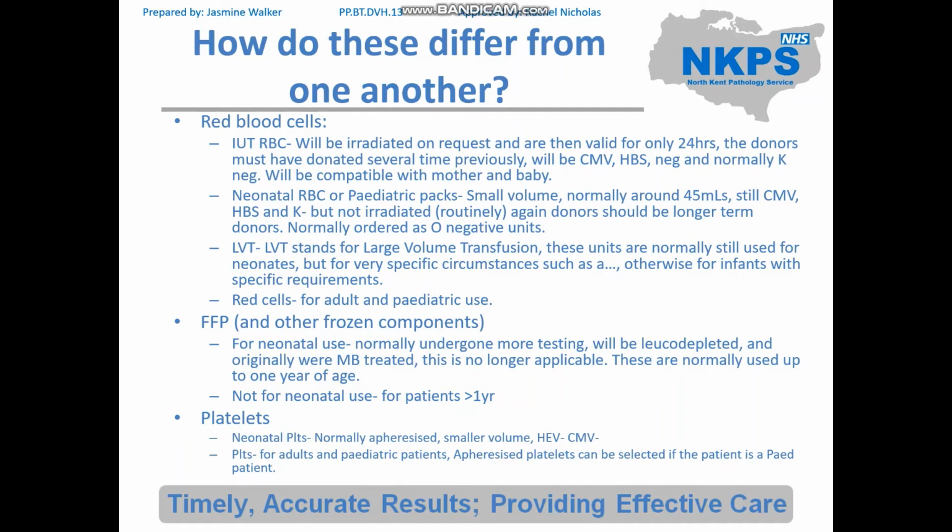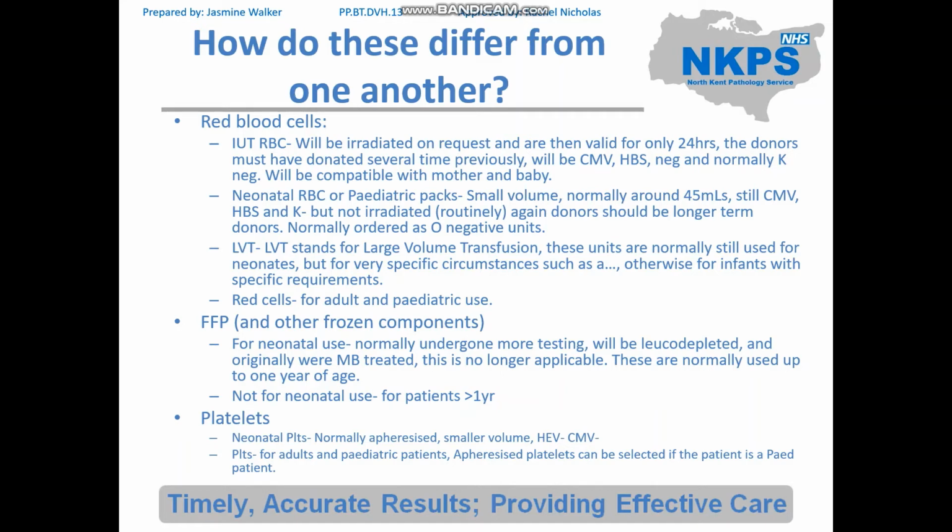Neonatal red blood cells or paediatric packs are the ones that confuse people the most. On the website where we order blood, they are called neonatal red blood cells. However, in the lab, I assume for a historical reason, we often call them paedi packs, and that's just, it sounds better, right, with the alliteration. It's important to note these are not intended for paediatric use.